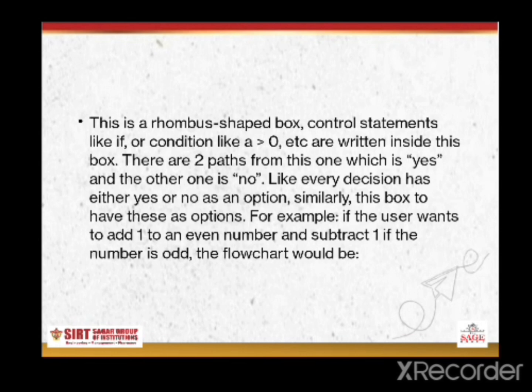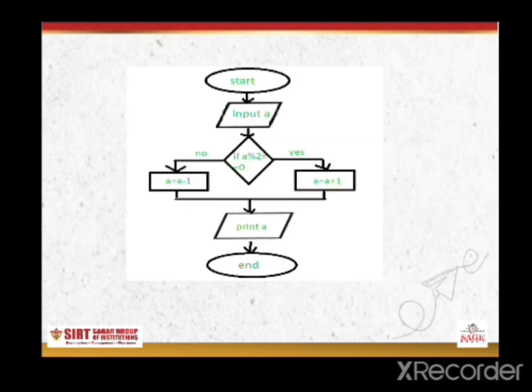This is where I have to find whether one number is greater than the other. This is where I use the diamond-like shape. Here I can write the condition. If a is greater than b, then you go to the left-hand side box. If a is less than b, then you take the other side of the condition. This is the condition.